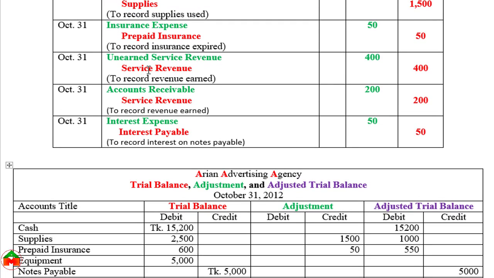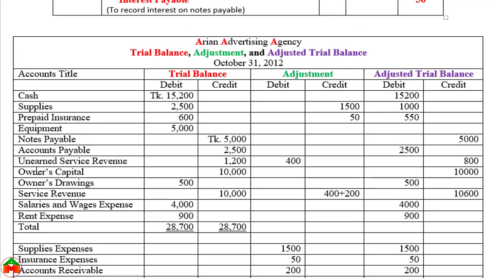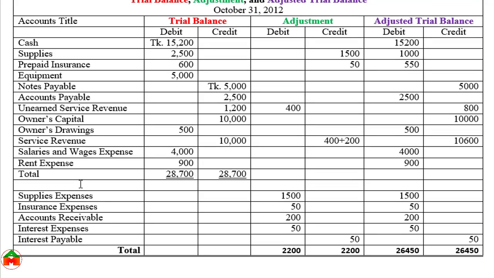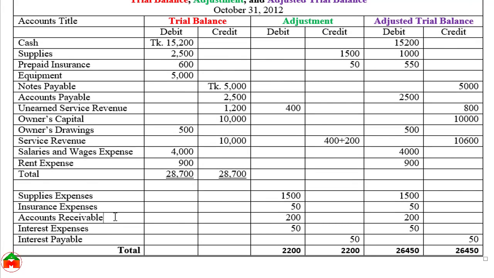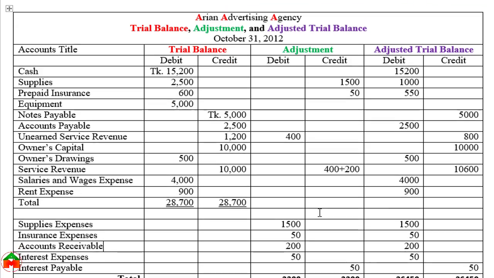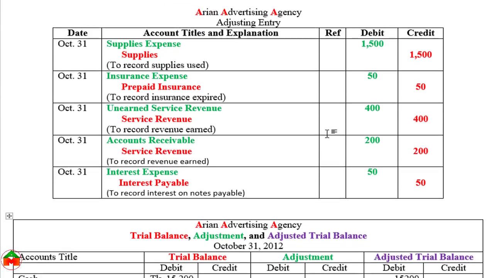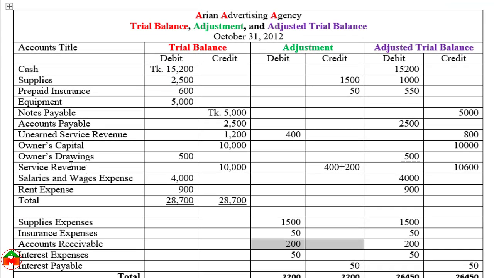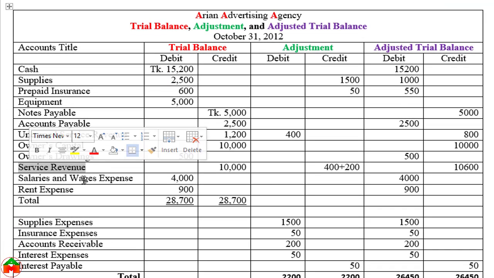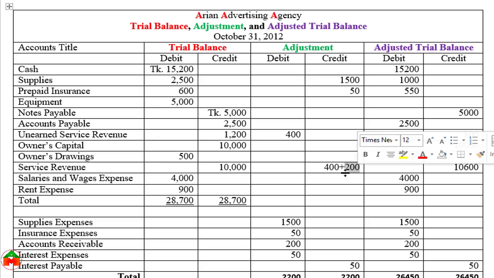Now accounts receivable debit 200. Is there any accounts receivable? No, so we need to create this account, accounts receivable, with 200 debit. And service revenue again, 200 credit. So for service revenue, the previous amount was 400 and the present amount is 200, total 600.